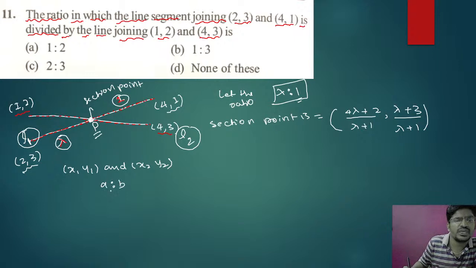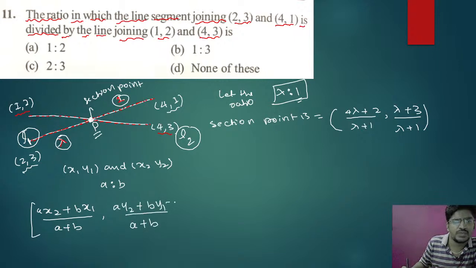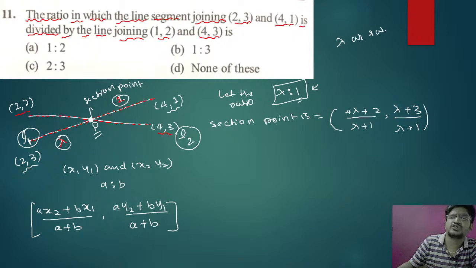If A is to B is the ratio, then A into x2 plus B into x1 divided by A plus B, comma, A into y2 plus B into y1 divided by A plus B. This is your section formula. So we consider lambda as the ratio. If I consider lambda as the ratio, you can write it as lambda by 1. So that's why we take it as lambda is to 1. That's all.